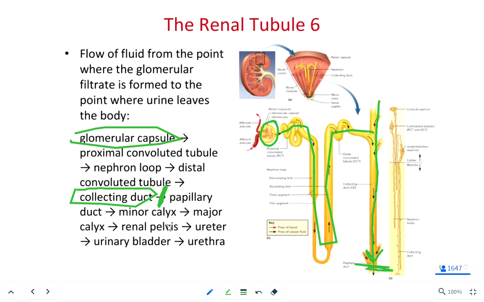This is worth committing to memory, not only for lab purposes, so you can have a frame of reference to know the physical path of liquid flow as we filter our blood to having it leave through our urethral orifice. This is a very good thing to commit to memory because there's usually at least 2 lecture exam questions based on this, and there's a lot of lab questions based on this as well.